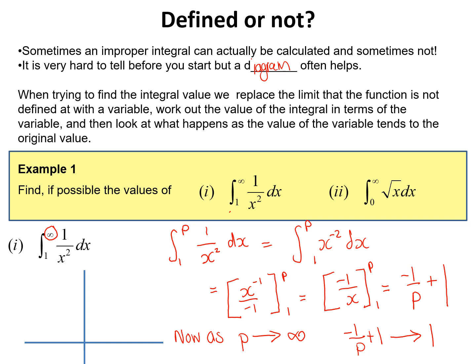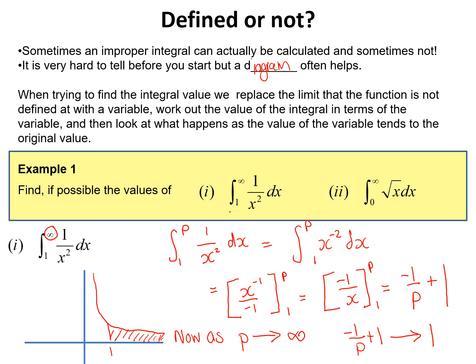So let's just have a quick go with this diagram. What did it look like? It's basically that. And we're saying that this area here will tend to 1. It'll add up to 1.